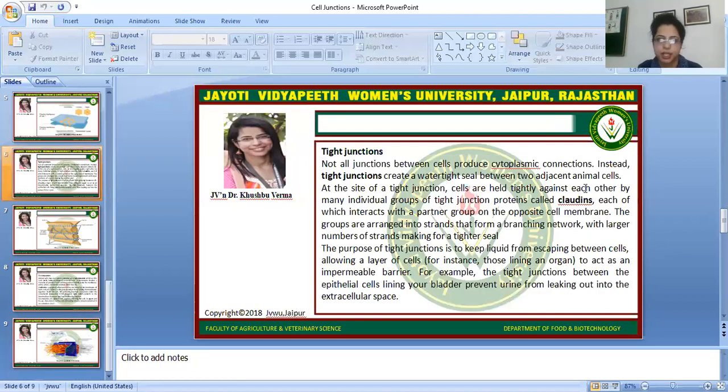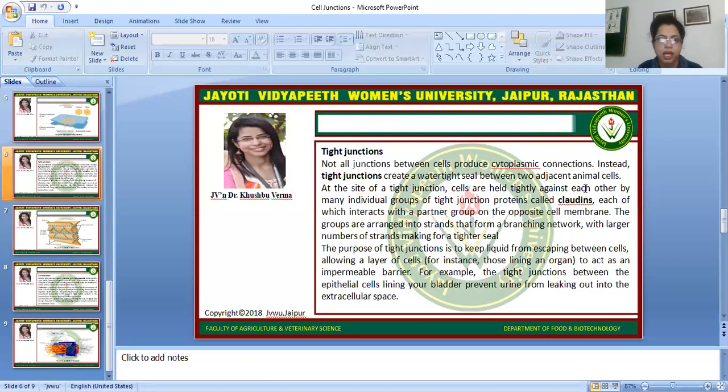Next one is tight junctions. Not all junctions between cells produce cytoplasmic connections. Instead, tight junctions create a watertight seal between two adjacent animal cells. At the site of a tight junction, cells are held tightly against each other by many individual groups of tight junction proteins called claudins, each of which interacts with a partner group on the opposite cell membrane.